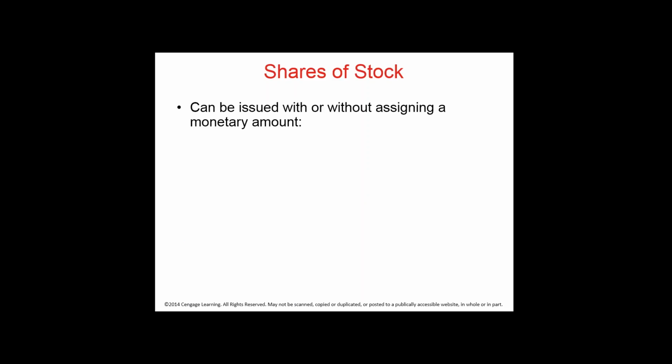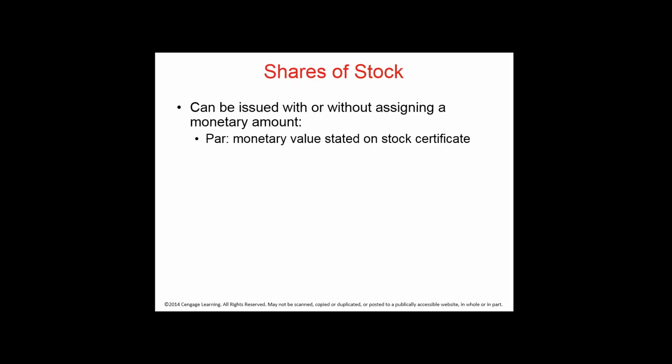Most stock, or in days gone by, most stock had what was called a par value. It was a nominal sum merely used for accounting purposes that had nothing to do with the sale price of the stock. It was so that we could account for the sale of the stock and any additional monies that we may have made.